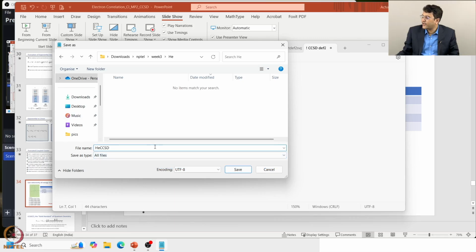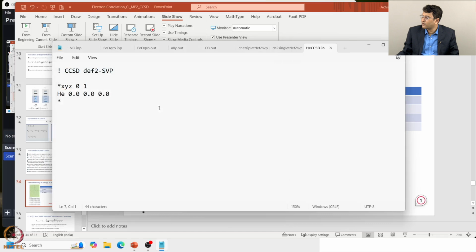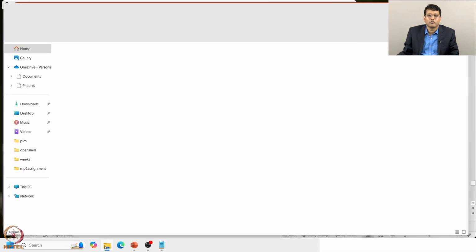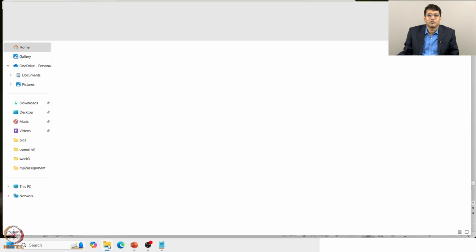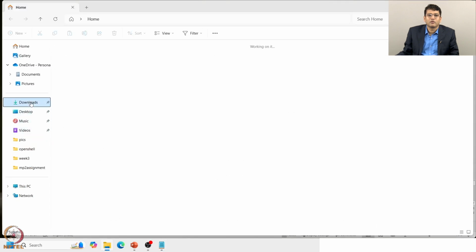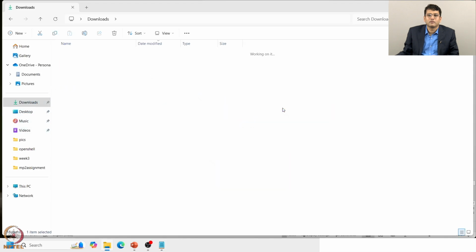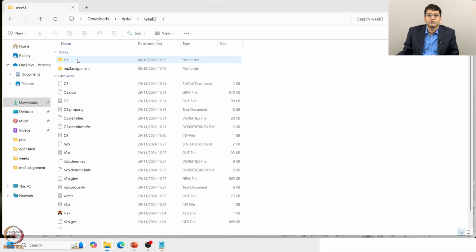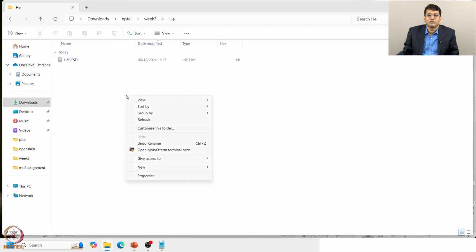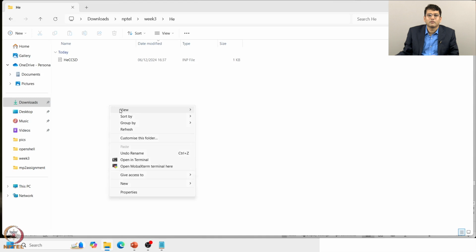We have to make sure that the extension is .inp, so you have to change the .txt to make it .inp, and let me now go back. Open in terminal.